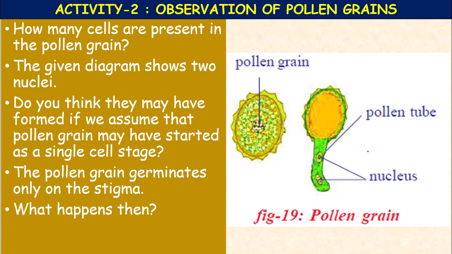Female gamete, that is the egg, present inside the ovule. So further what we are going to discuss now, the pollen tube. Okay, so in the further class, reproduction and fertilization we are going to discuss. So far, read the text and try to understand.